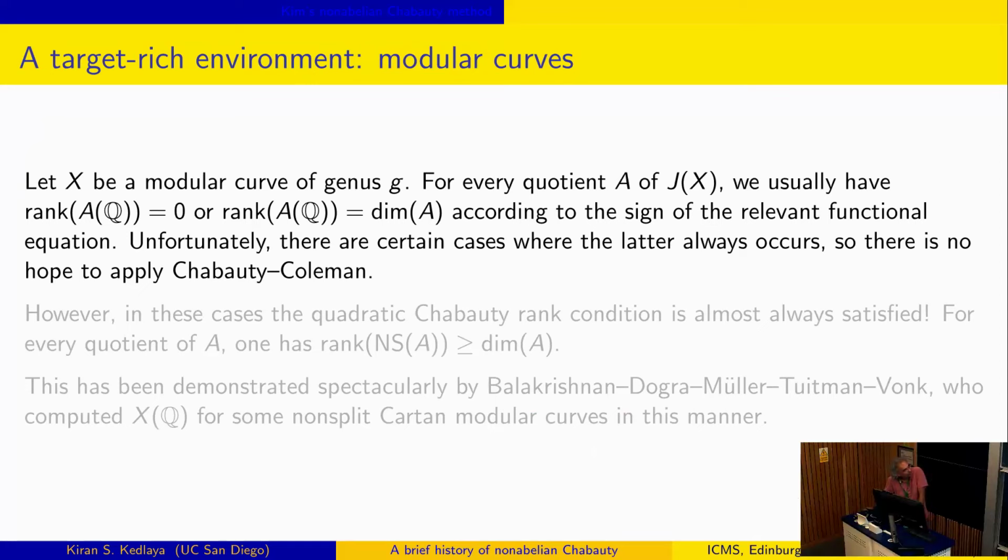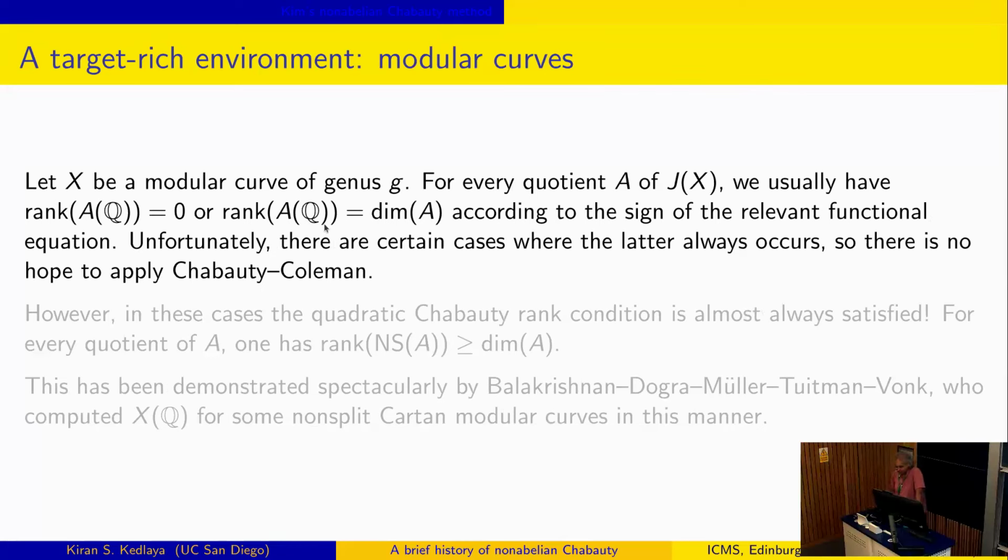If you take a modular curve, then typically what happens when you take a simple quotient of the Jacobian, I should say for every simple quotient of the Jacobian, it's usually the case that the rank is as small as it can be given the sign of the functional equation. The sign of the functional equation could be positive, in which case the rank is typically 0, except sporadically you find a little bit of extra rank, or the rank is the dimension, again with a little bit of noise.